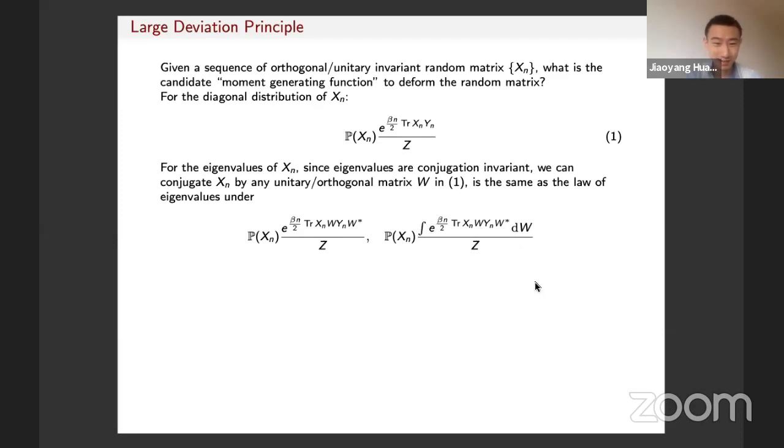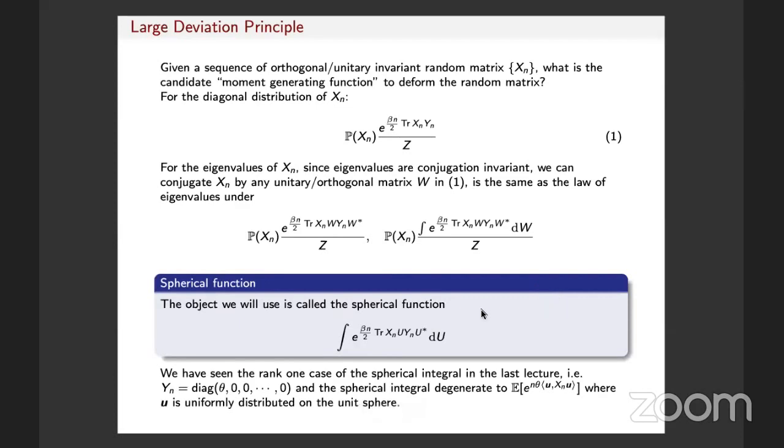Can I ask, you're talking about Xn, what is Yn in this slide? Oh, Yn is just a diagonal matrix, like the theta in the last slides, that we will choose later to tilt the measure of Xn. Oh, I see. So in equation 1, you're defining a tilted version of the measure. Yeah, the tilted version of the measure depends on this Yn.